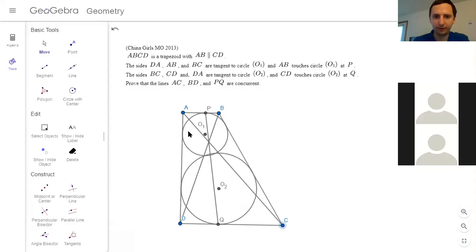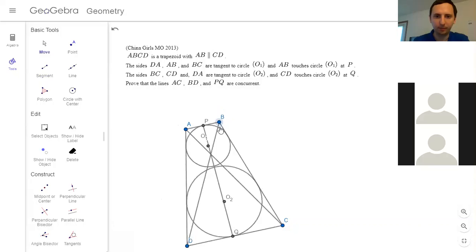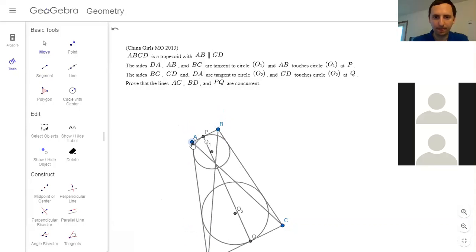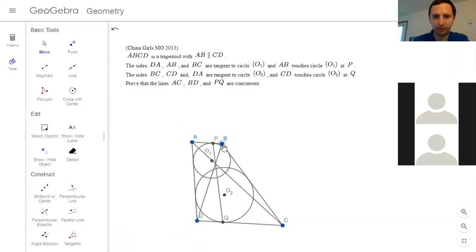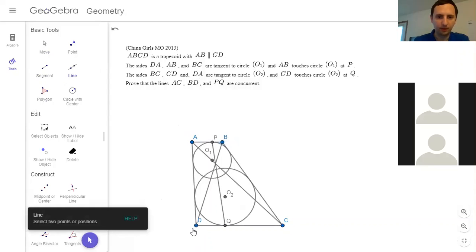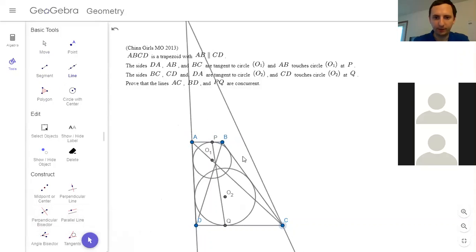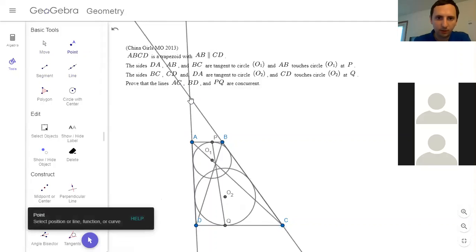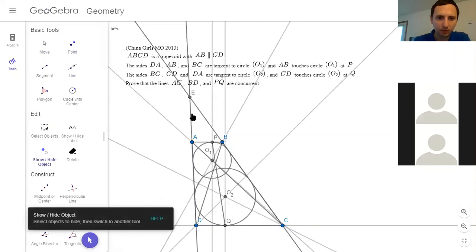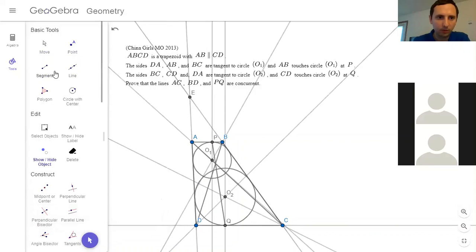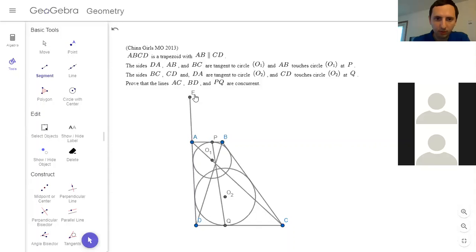I think we should probably extend AD and BC. I think that might be helpful, because then we'd have an in circle and an X circle. Let me do that, and then I'll read the chat. AP over PB is equal to CQ over QD. Oh, you're asking if that's true.